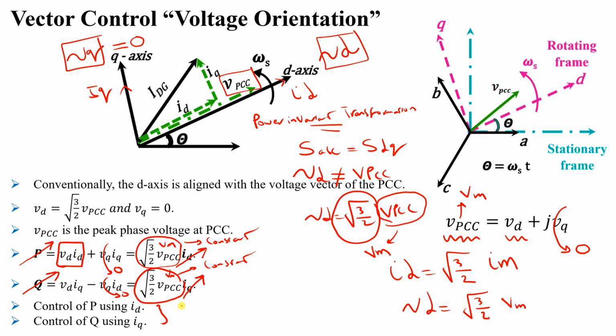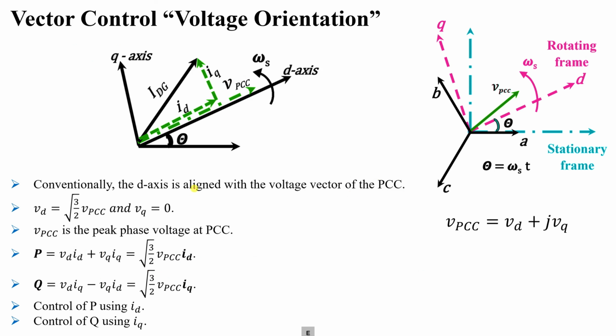Each one is separate from the other, in which the current component ID of the DG can control active power, and the quadrature axis current IQ can control reactive power. How did we achieve this? By voltage orientation, when we put the D-axis on VPCC.